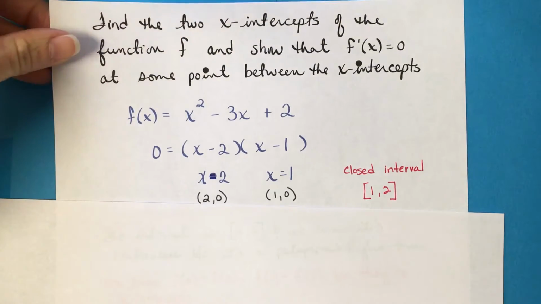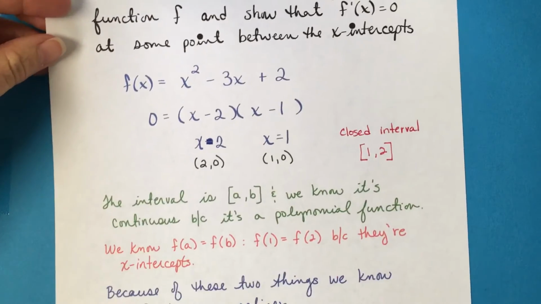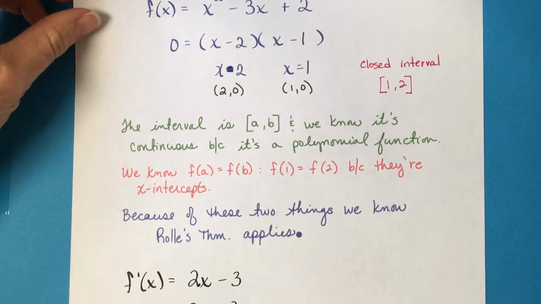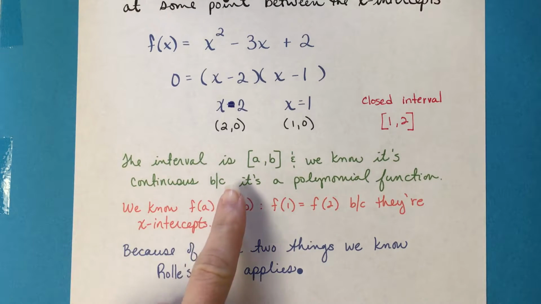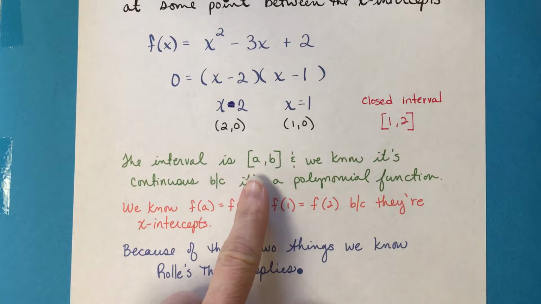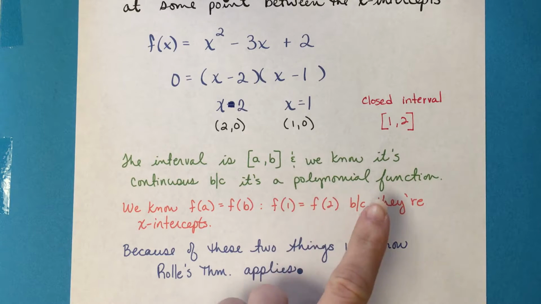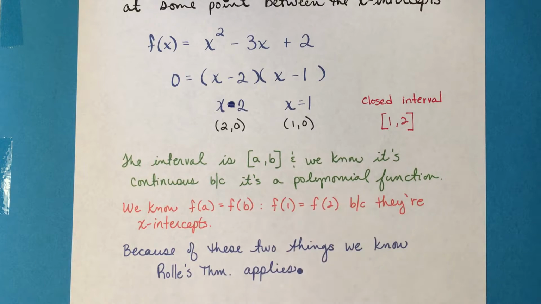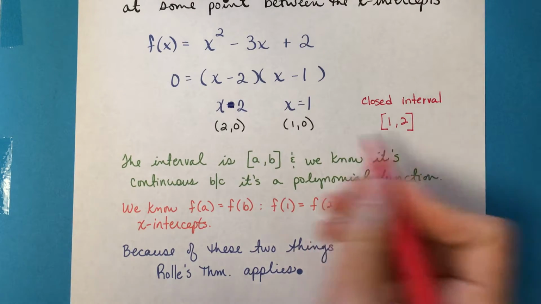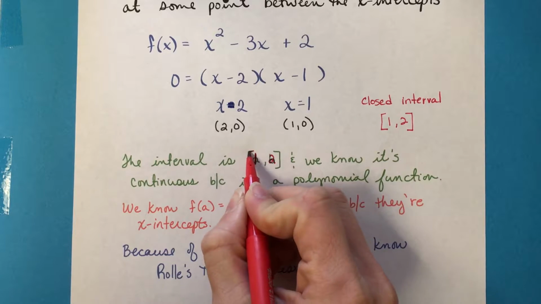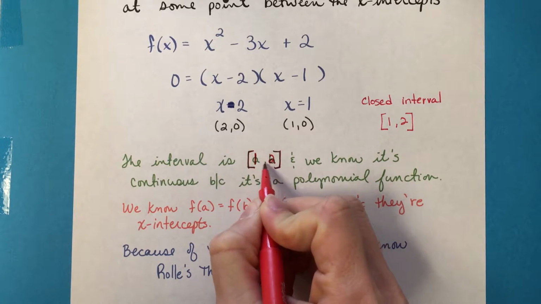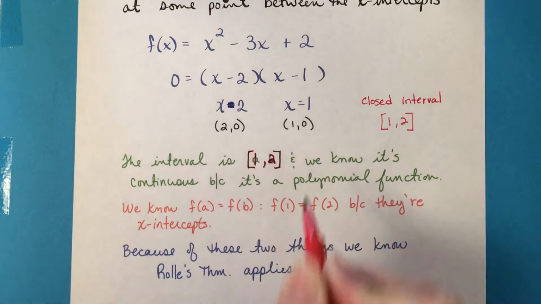Okay, now just a couple of statements that I had written down here, just to help make a few things make sense. It says the interval is the closed interval from a to b, and we know that it's continuous because it's a polynomial function. Actually, I meant to write the 1 to 2. So your interval is the closed interval from 1 to 2.